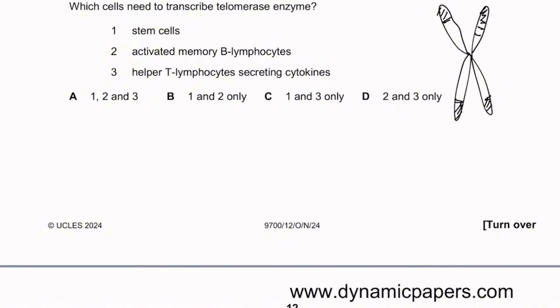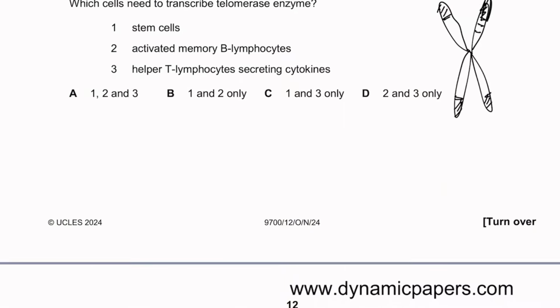And that's why stem cells keep the telomerase, because this enzyme is going to elongate the telomeres, protect the telomeres, which is obviously important in DNA replication. And there's going to be lots of DNA replication in stem cells since they do a lot of mitosis. They are constantly replicating. And remember, a part of replication is the S phase, the synthesis phase, DNA replication. So stem cells definitely.